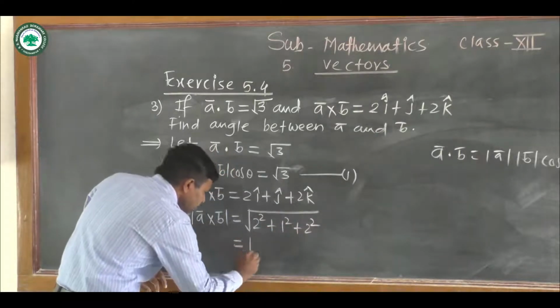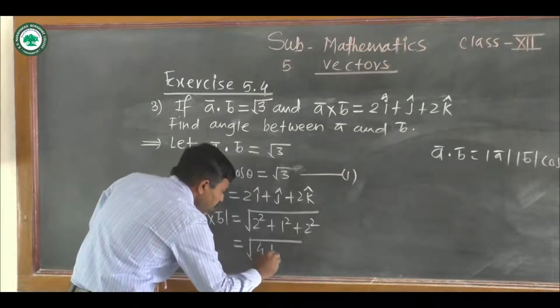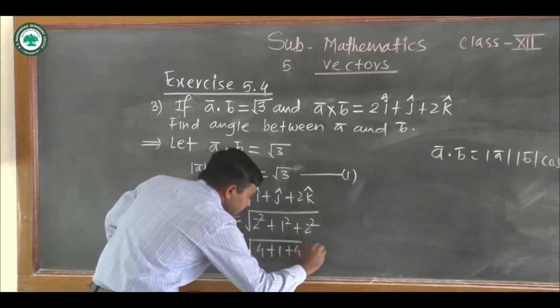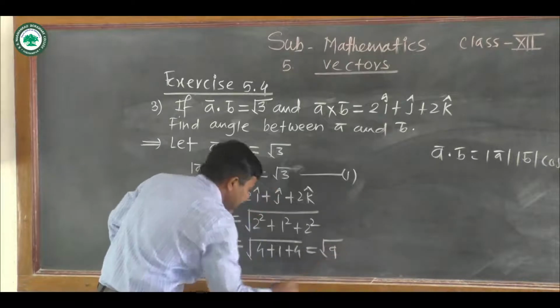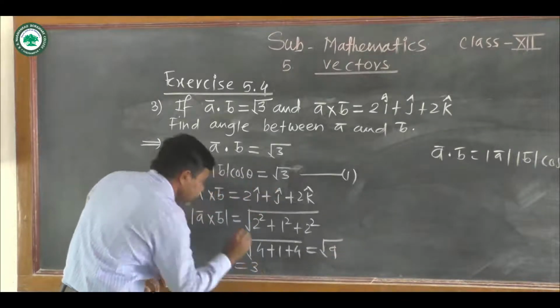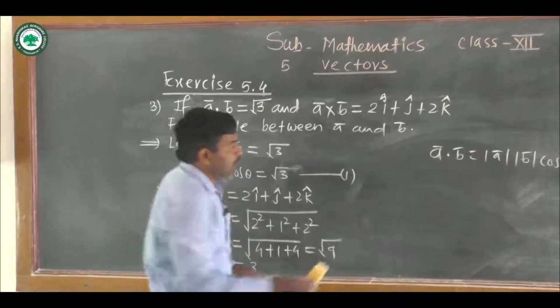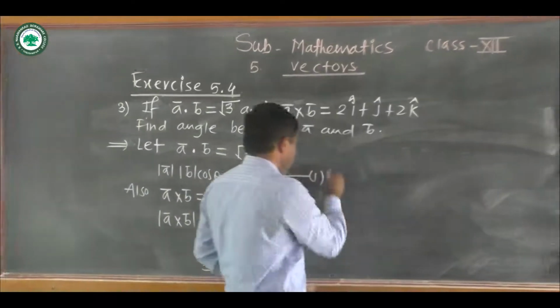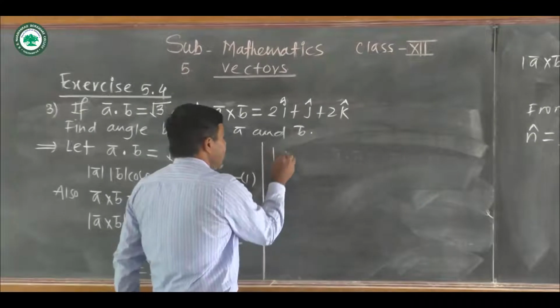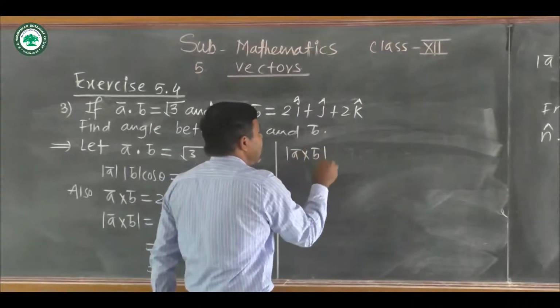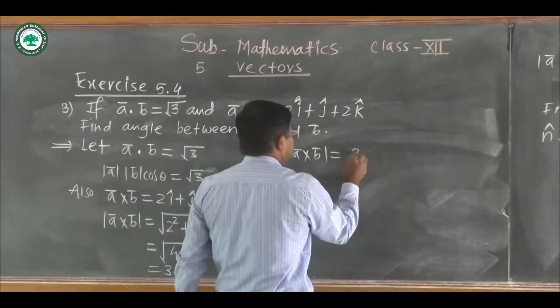Again it is equal to square root of 4 plus 1 plus 4, and it is equal to square root of 9, and it is equal to 3. So magnitude of A bar cross B bar is equal to 3.